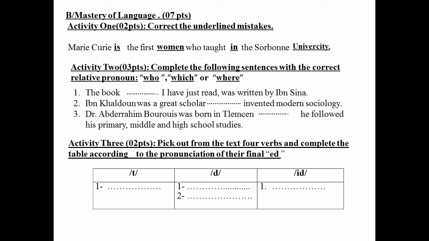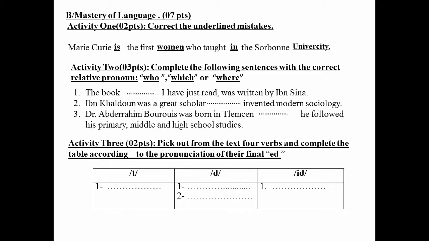Activity 2, in which you will score 3 points. Complete the following sentences with the correct relative pronoun: who, which, or where. So you have to use the correct relative pronoun from the list and complete the following sentences. The book I have just read was written by Ibn Sina. 2.